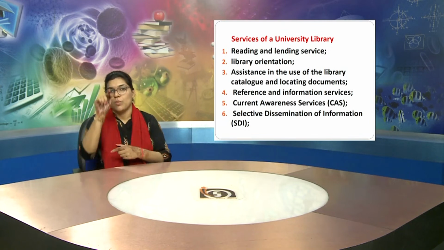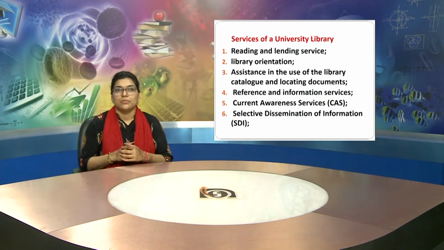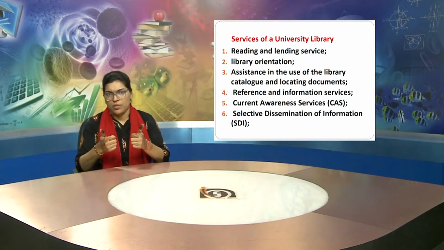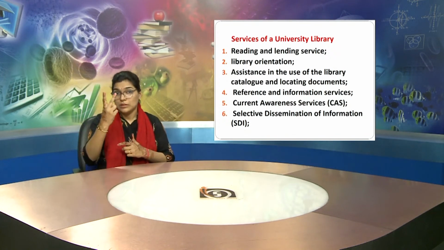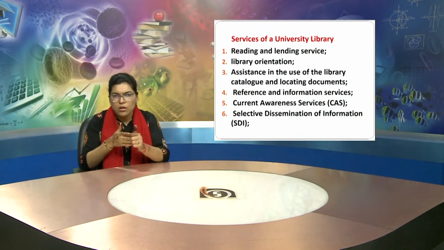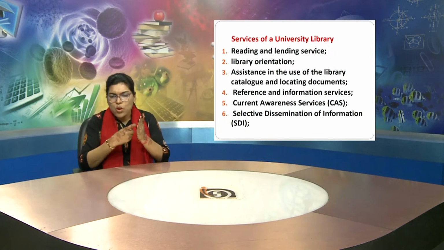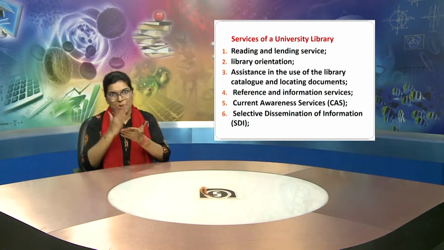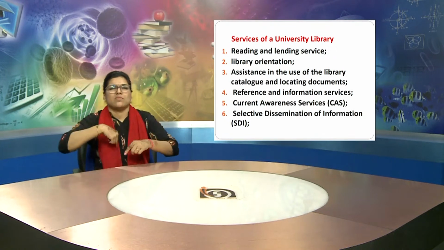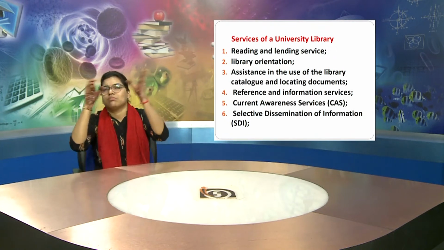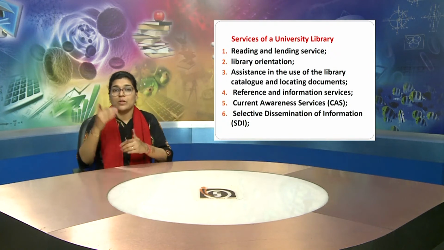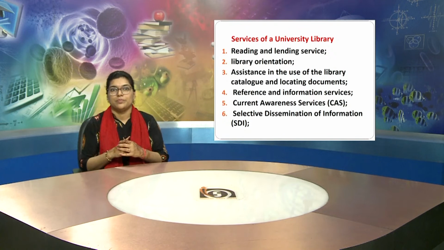Now these are the services of a university library. The first service is, we all know, reading and lending service. The second service is the library orientation. This is about all the rules of the library, how to utilize the materials which are available in the library.